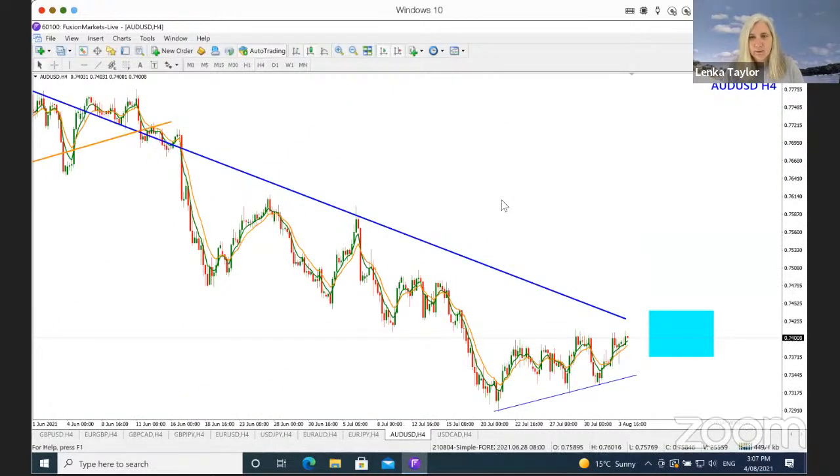So on the 4-hourly, I would be looking for either a turnaround at the top, but would need to have enough room. Otherwise, if it comes back down, then possibly looking for long. So at the moment, it's a little bit undecided and I'm not clear exactly what's happened here. So I'm just waiting for better price action and just to confirm.